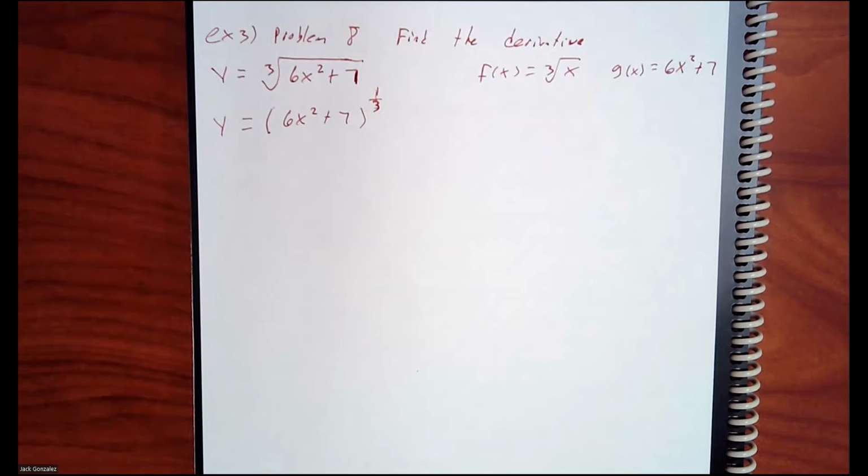Oh, it's just the power. Treat it like any other power. Don't treat it any different. So if it was a square, what would you do? Yeah, you put it in front. So same thing, right? Bring the third down.